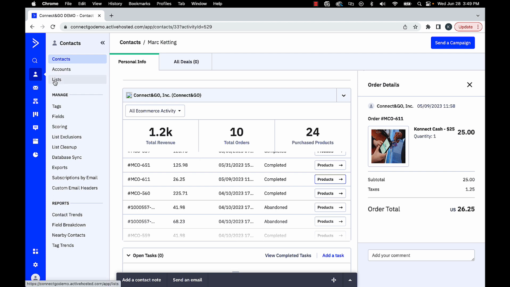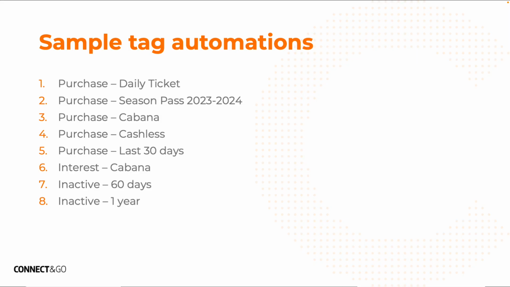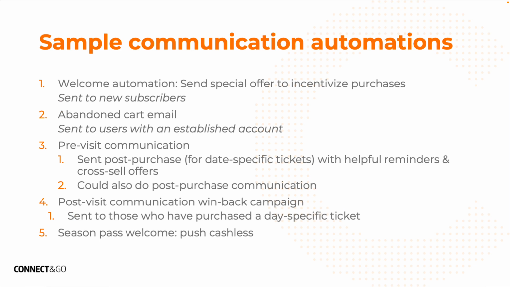So keep in mind with ActiveCampaign, you can set up automations to basically do 2 major things. You can tag your contacts, which is organizing them, and then you can communicate with them. And then going into the automations. So really with your automations, what you can do is nurture your guests and deliver communication at different points within their life cycle.